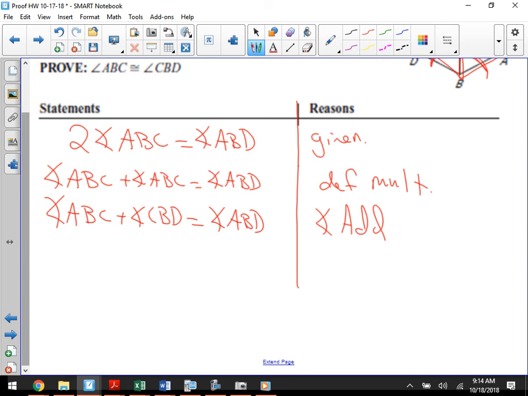Take a guess of what you're going to write next. Right, we're going to use substitution, but what are we going to write out on the statement part? Perfect. Again, we know that we have two things that are equal to the same thing, correct?